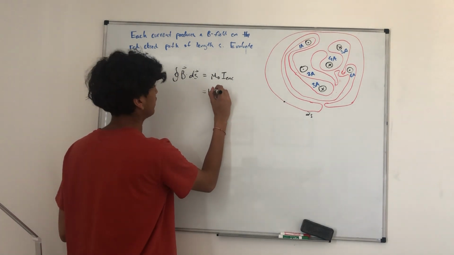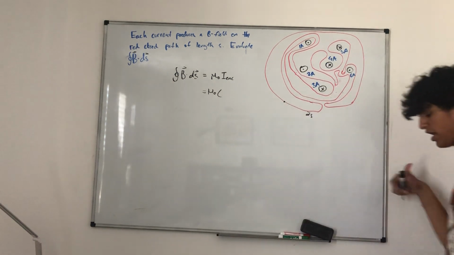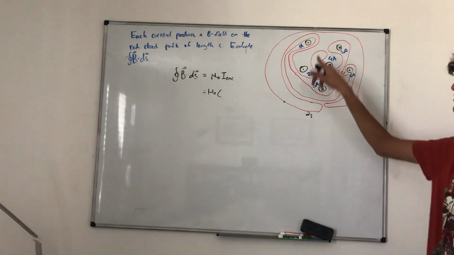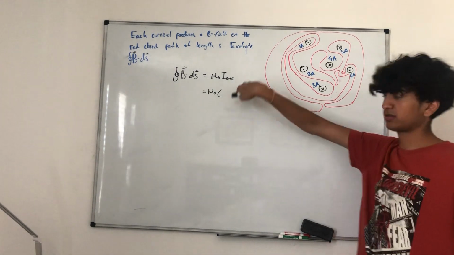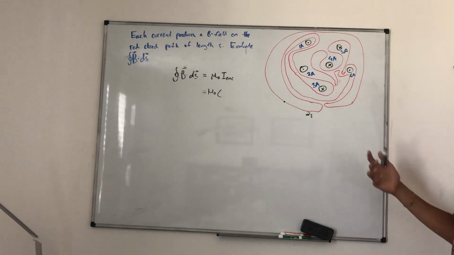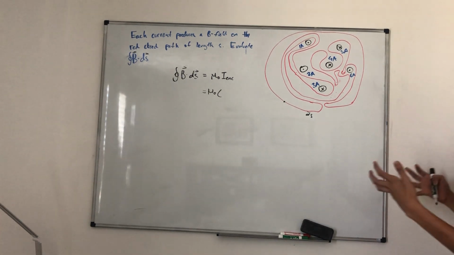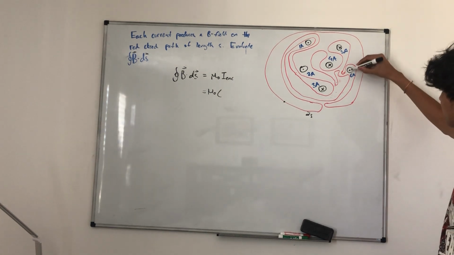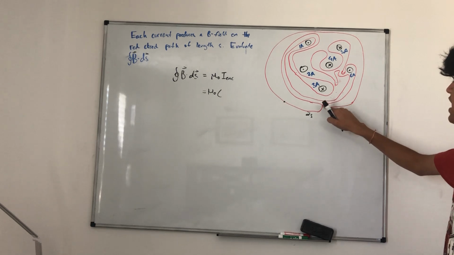So mu naught. You might be tempted to say, if out of the page is positive, then positive 1 amp, positive 2 amps, minus 3 amps, and so on. But it's actually a bit of a trick question because some of them are not actually enclosed by that loop. This 6 amp current, for example, if you trace it, actually leads out of the loop.